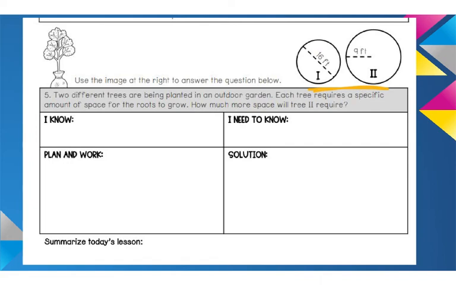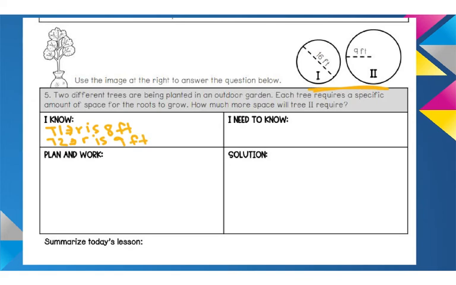We know that for tree 1, I'll put T1, the radius is 8 feet. Tree 2, the radius is 9 feet.